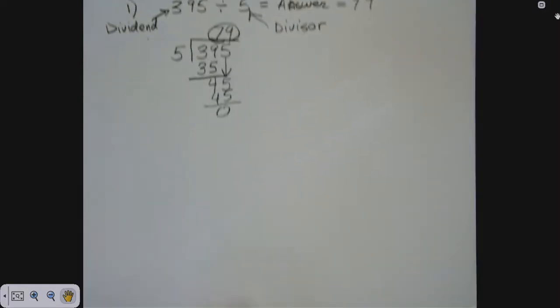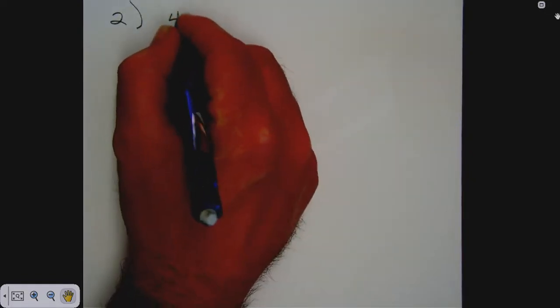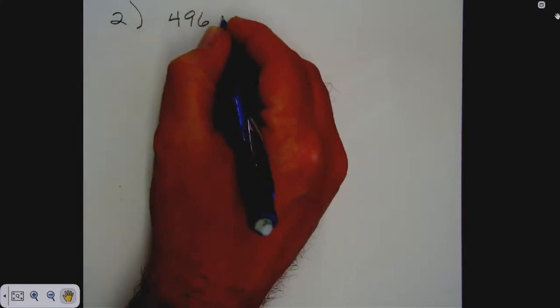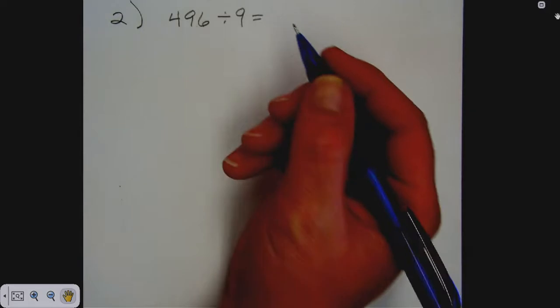Okay, I'm going to go up to another problem now. My next problem I'm going to call number 2. Number 2 is going to be this problem. 496 divided by 9. I want to know what that equals.